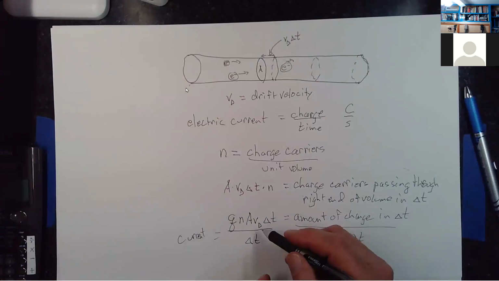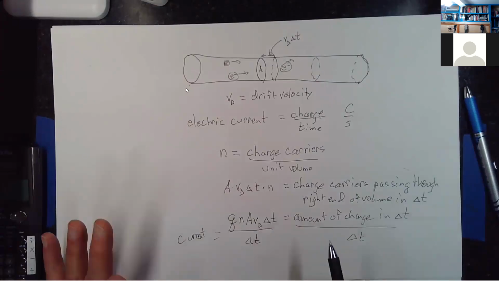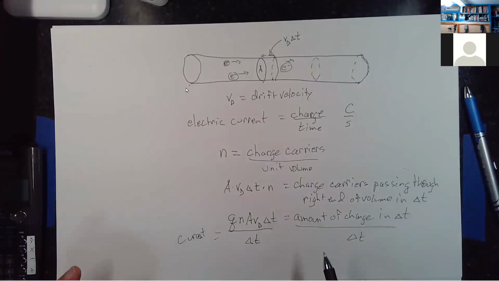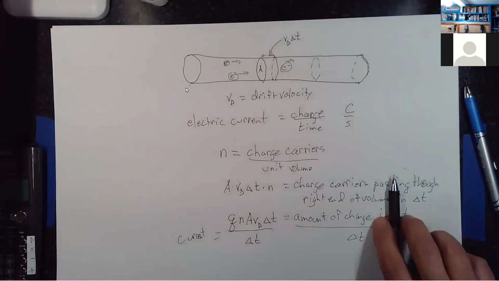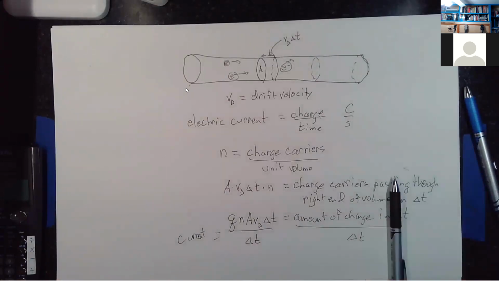I've got too many delta T's here, I think. No, that should be okay. Should be N Q V sub D is what I'm after, I think. It might have an A in there. I can't remember.